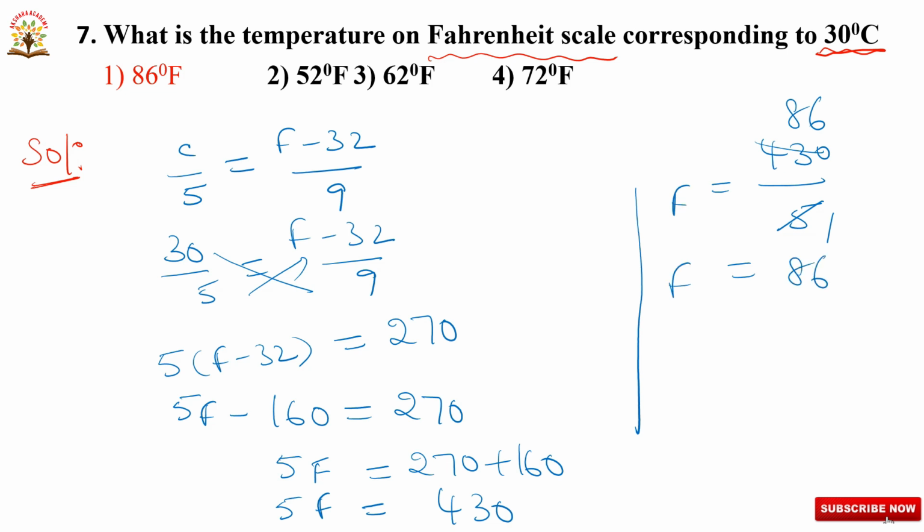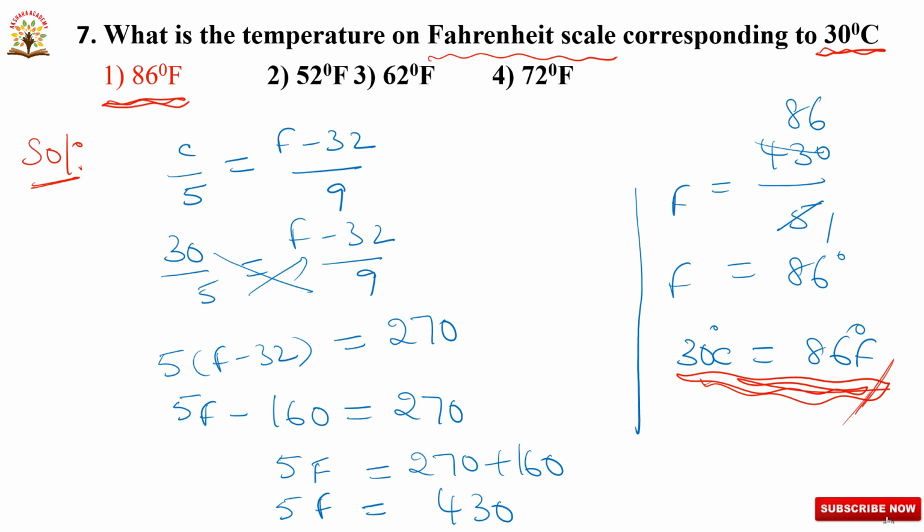So 30 degrees centigrade corresponds to 86 degrees Fahrenheit. This is the final answer. Okay. Next, we will go to the next question.